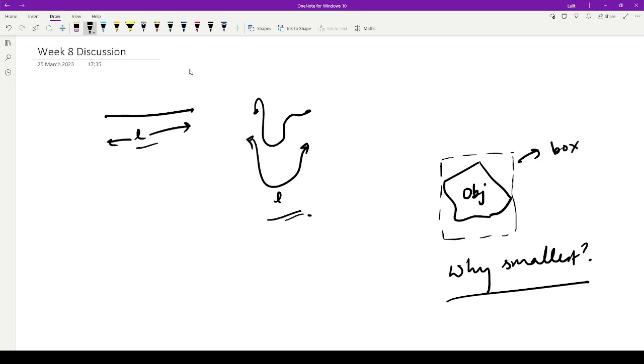Well, this is not the smallest one. I can draw another, really tighter box out there. Why do you think this is a better representation than the black box out there? Any guesses? What could be the reason?